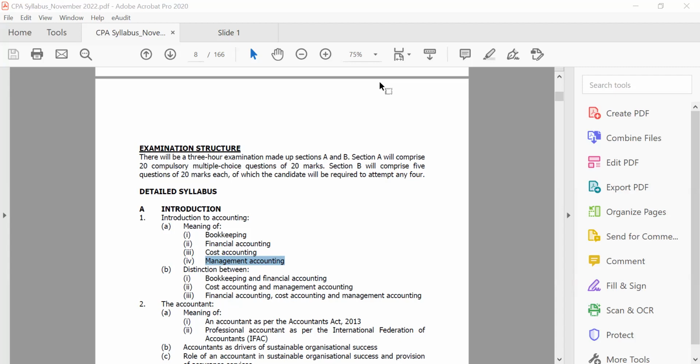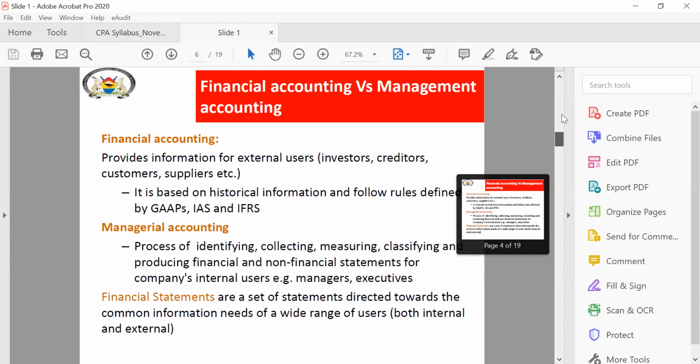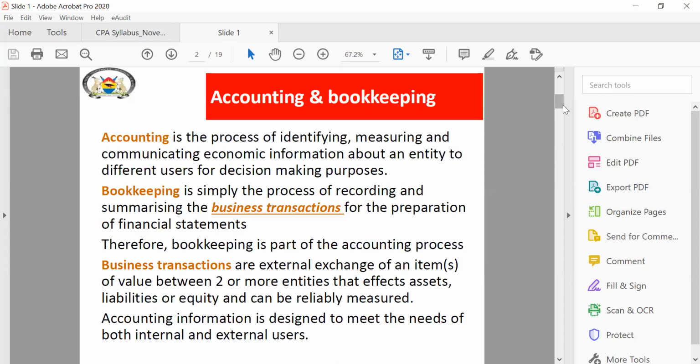Now, before we even proceed, I want to comment about something here. The definition of accounting, I can even show it on my screen here, has a key term. This key term is different users of financial information. It's one of the areas that we are going to look at, but it's very good for you to know that there are users of accounting information, and the users include management who runs the organizations.